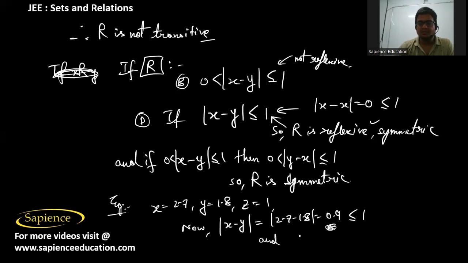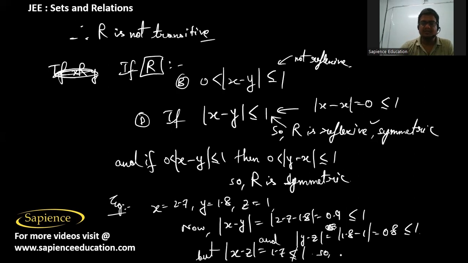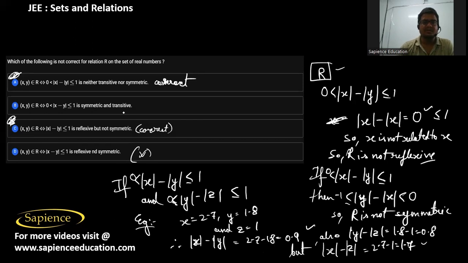And also mod of y minus z, which is mod of 1.8 minus 1, is 0.8, which is also less than or equal to 1. But mod of x minus z, if you do, will be 1.7, which is not less than or equal to 1. So it means that the relation R is not transitive. But in option B, it is told it is symmetric and transitive. So this is the wrong statement. So option B is the correct answer.